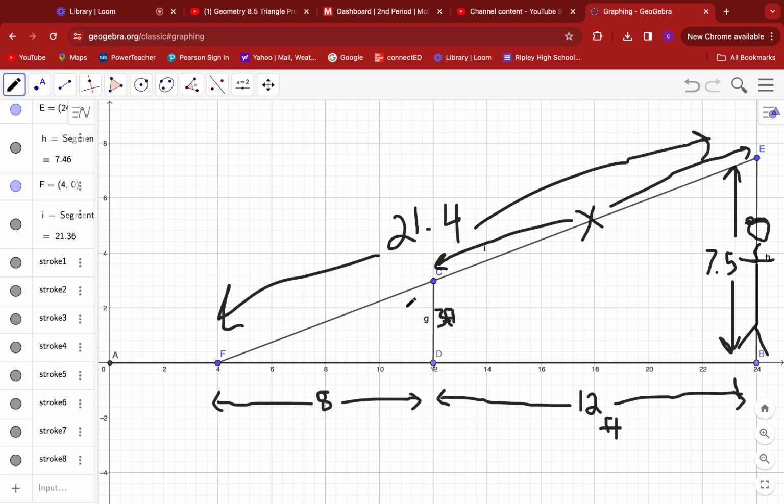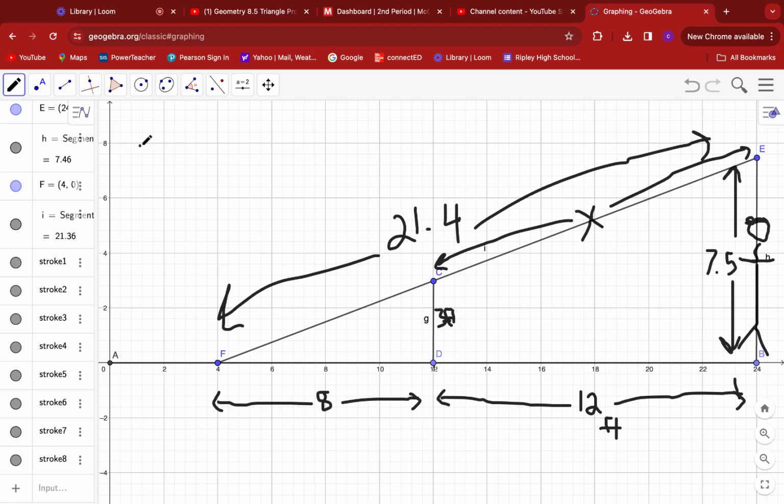Cross multiply, solve. Or I can just use the Pythagorean theorem to get this side, and then subtract. Why would I not do the shortcut? If you can remember the Pythagorean theorem, you don't even need to do a proportion or cross multiply and solve.